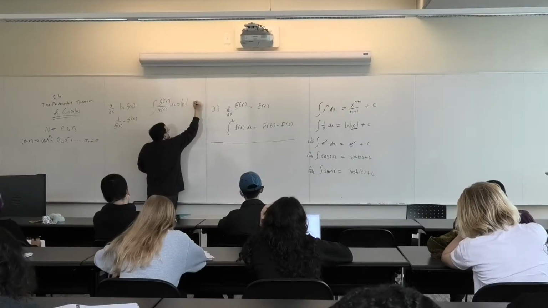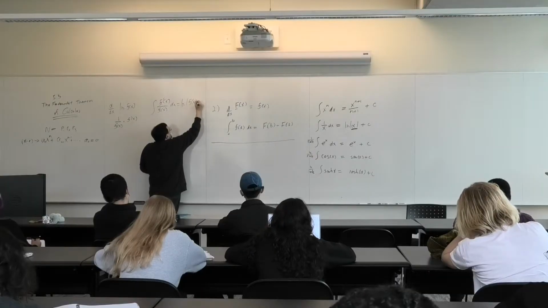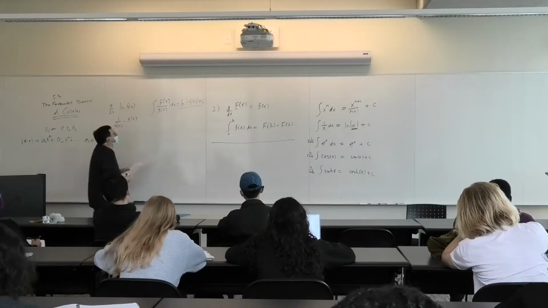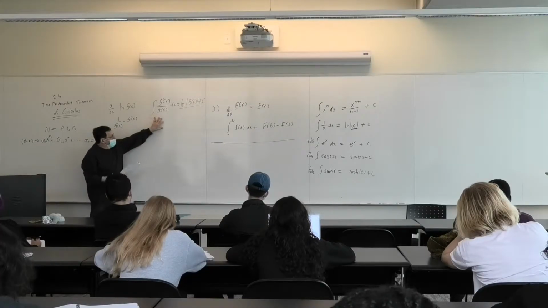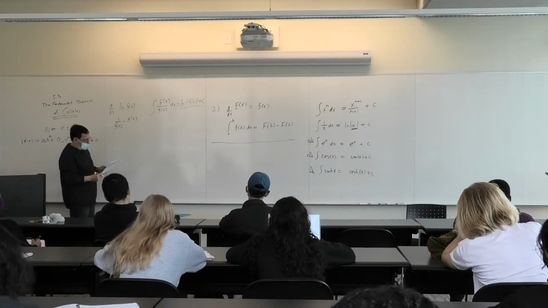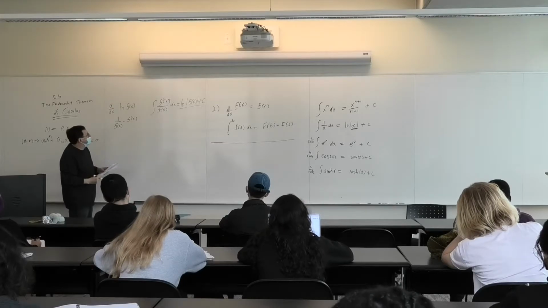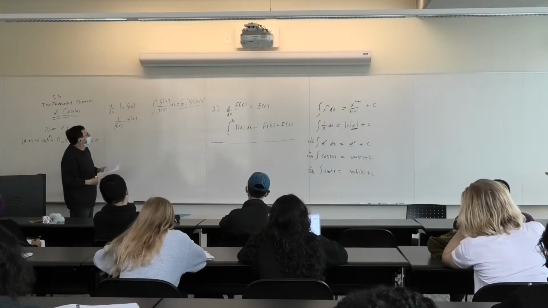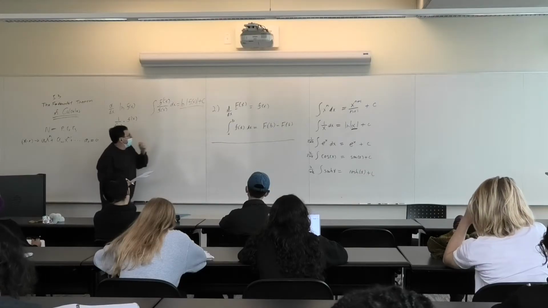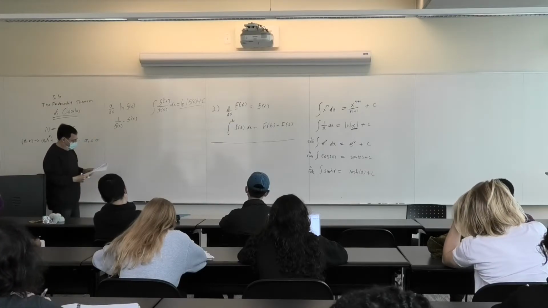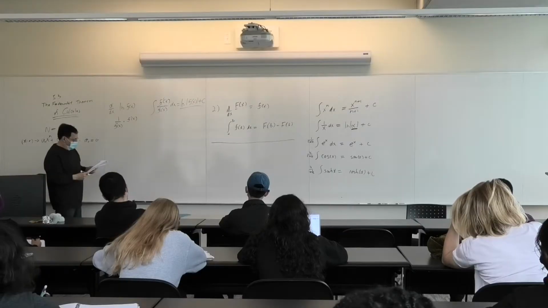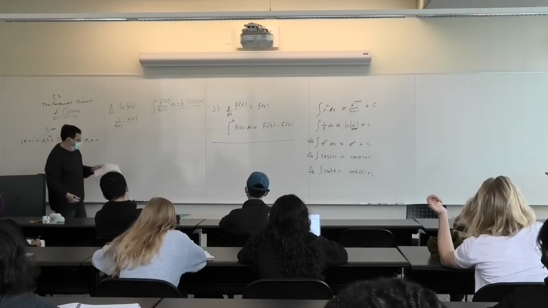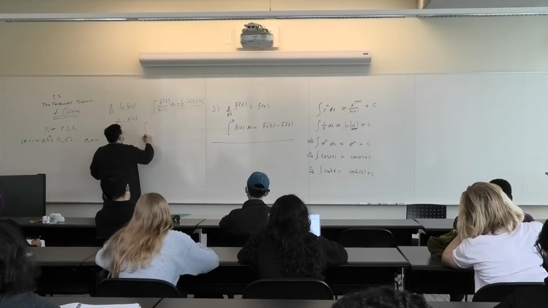Again, we need the absolute value signs to make sure we get a positive log. But we have a nice formula here that we can use to look for an easy way to find the antiderivative, find the definite integral. Here's an example, a simple one.